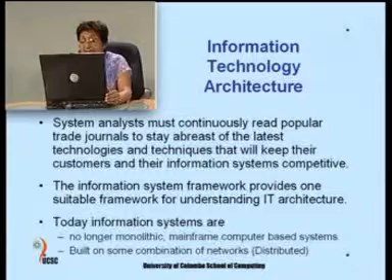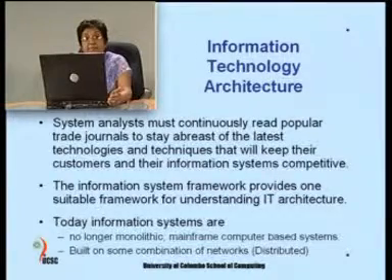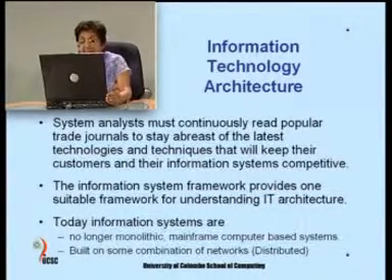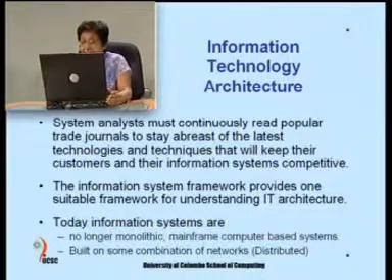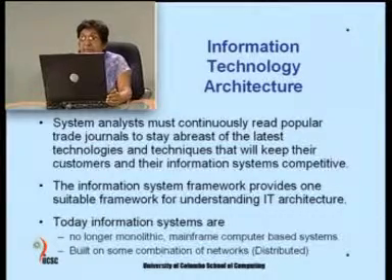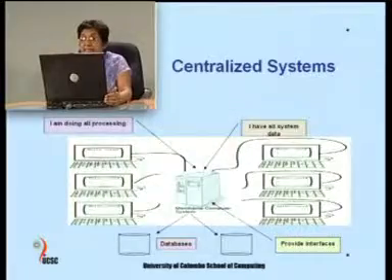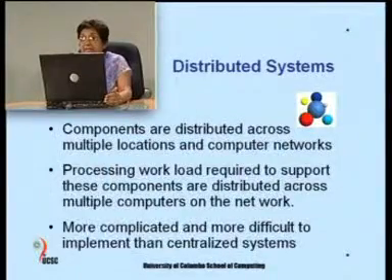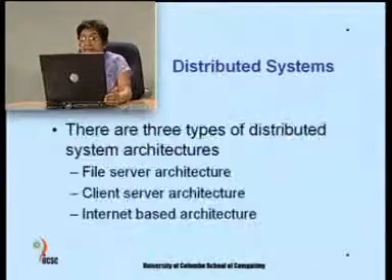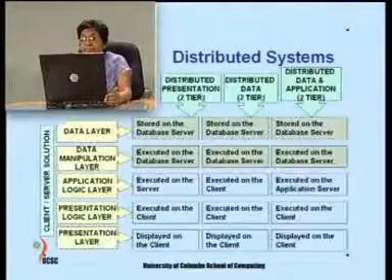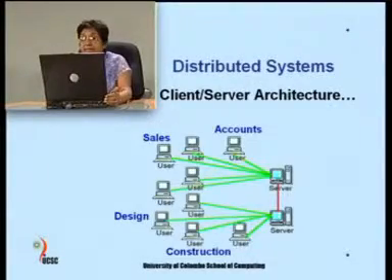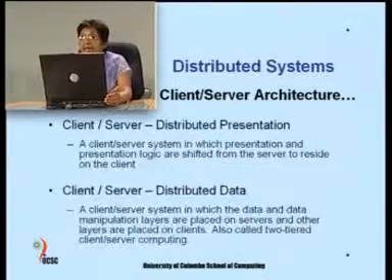So, maybe 10-20 years ago we had systems based on mainframe computers, but today it is not so. So, we will look at these different types of systems like centralized systems, distributed systems, and how they can be implemented and so on and so forth.